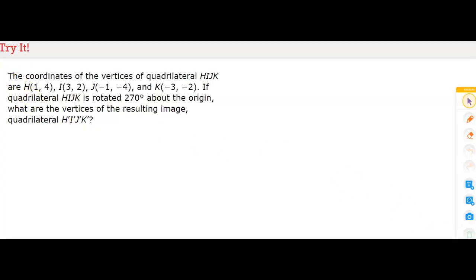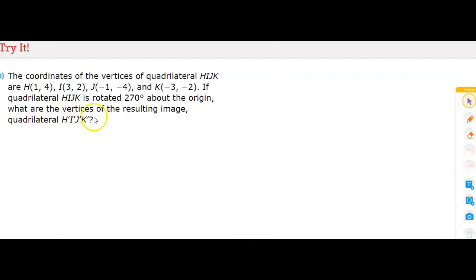The coordinates of the vertices of quadrilateral HIJK are H (1, 4), I (3, 2), J (-1, -4), and K (-3, -2). If quadrilateral HIJK is rotated 270 degrees about the origin, what are the vertices of the resulting image, quadrilateral H', I', J', K'?